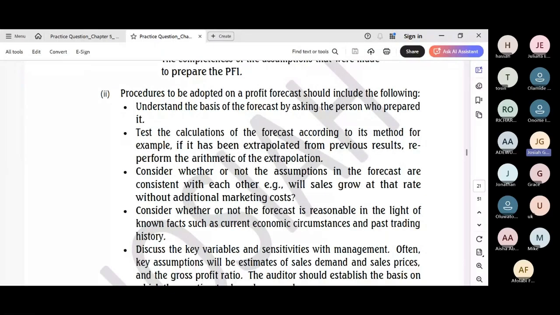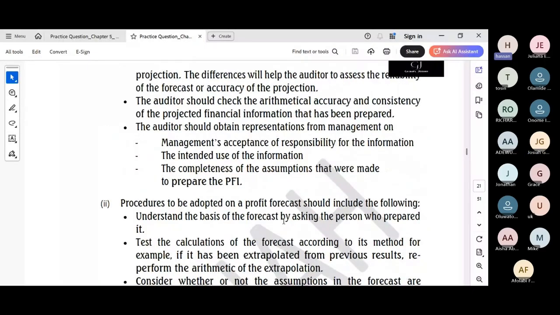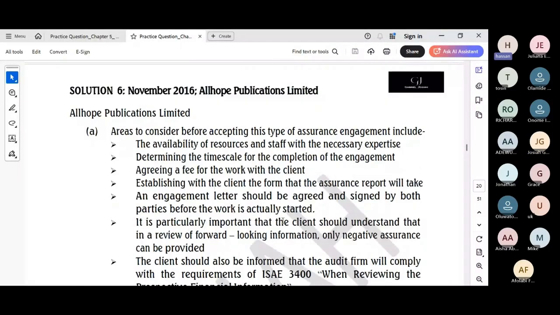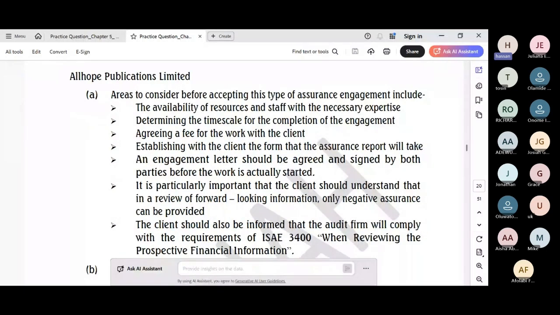Your hands are up. Yes, good evening, everyone. My question has to do with the procedure for accepting audit engagement. I just want to find out whether the procedure is the same as regards audit engagement and audit related engagement.